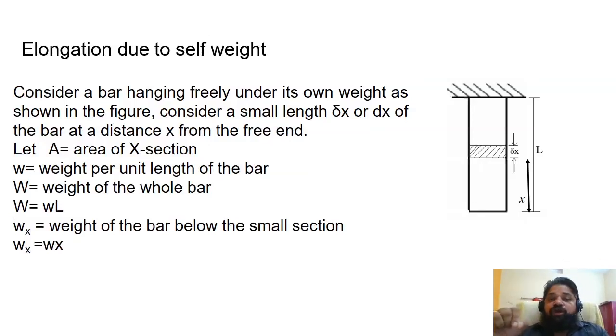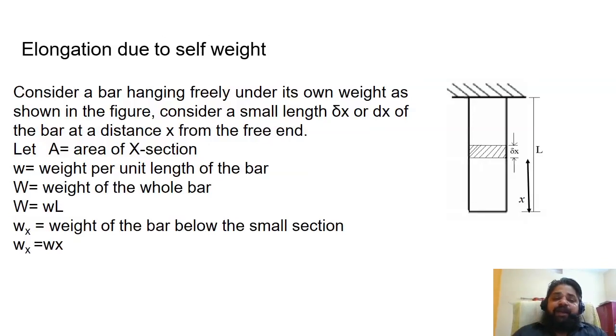Small w is per unit length, and if that length is x, then w into x is the weight of the part which is below, within the length x.